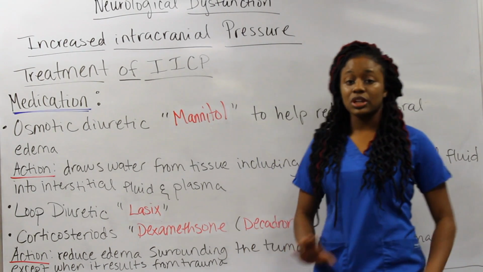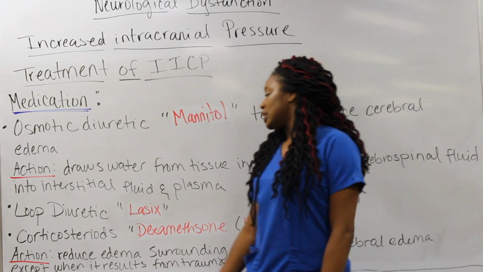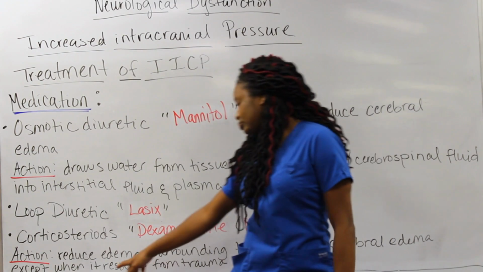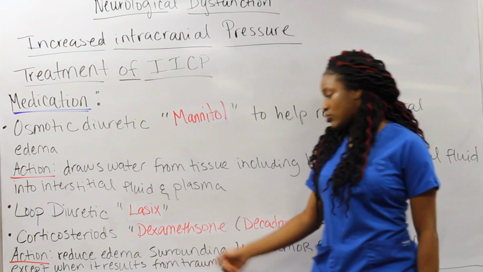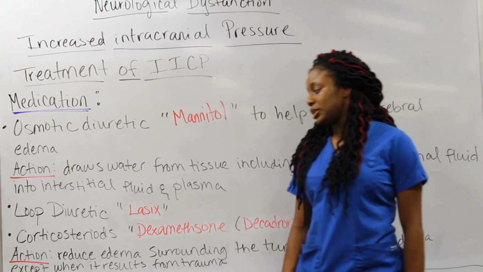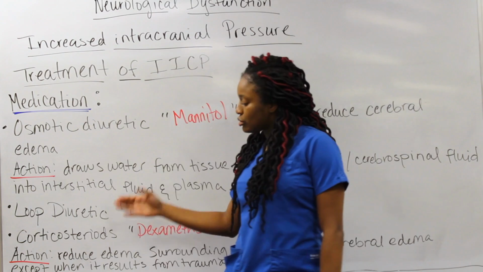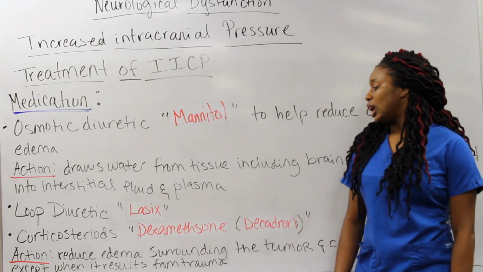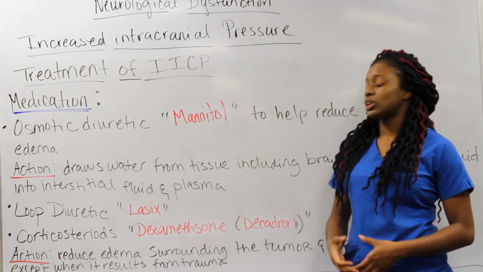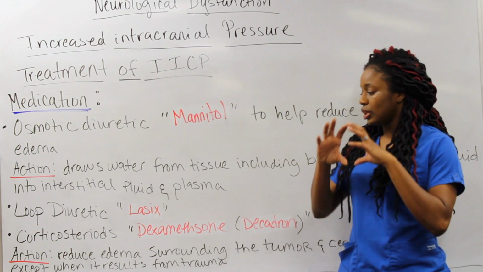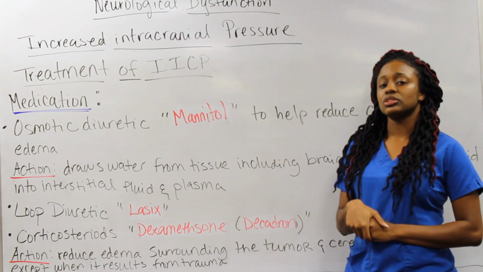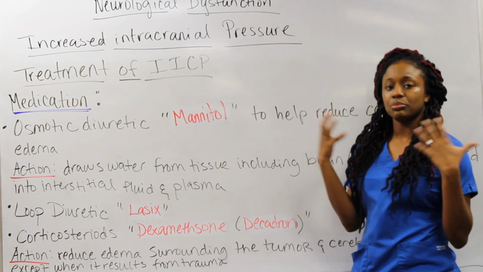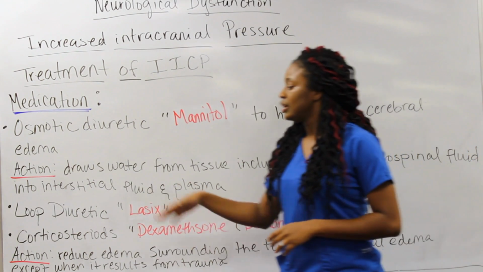The only time you're not going to use this is if the patient is having these symptoms because of trauma. It's not going to be that beneficial there, but you do want to use it for anti-inflammatory reasons to help with the swelling, to reduce the edema around the tissues that is causing the pressure. So it helps to alleviate some of the pressure.